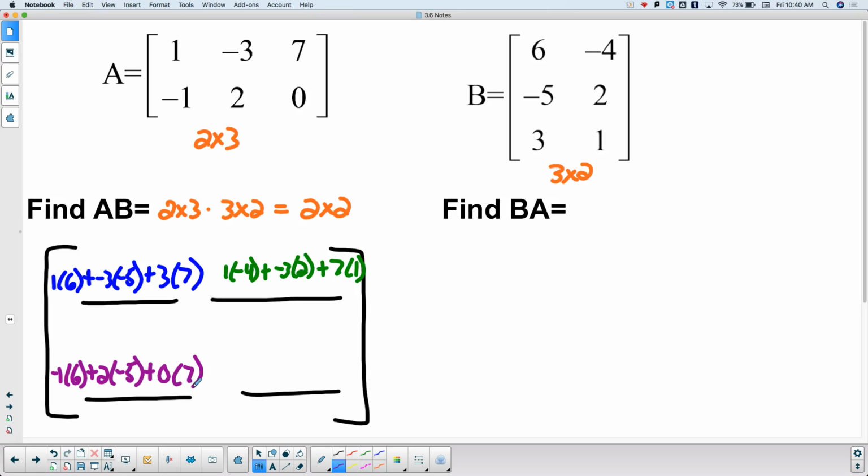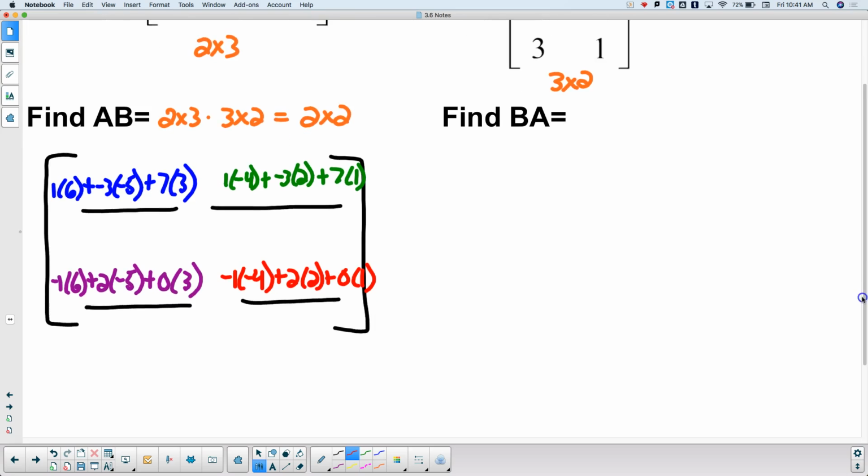Wait, nope. Plus 0 times 3. Which means I should change this one too. Like that better. Okay? And then that's going to be negative 1 times negative 4, and then 2 times 2 and 0 times 1.